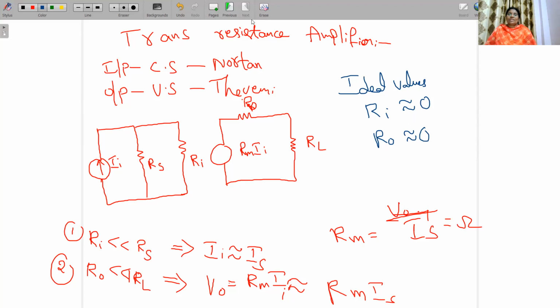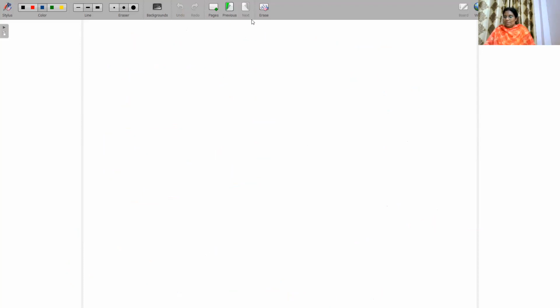Voltage gain AV is equal to V naught by Vi.